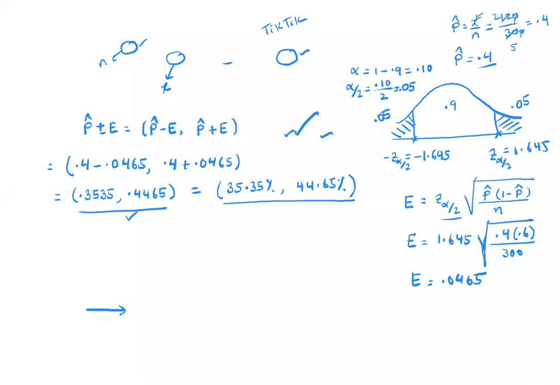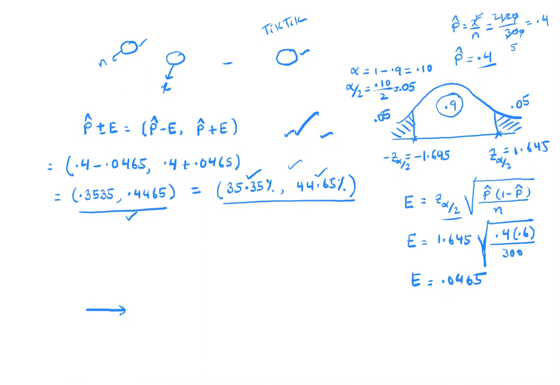So that percentage falls between roughly 35 and 44, or 35.35 and 44.65%. You are 90% confident that this interval contains the actual percentage of people that have been cyberbullied on social media. And what does that 90% mean?